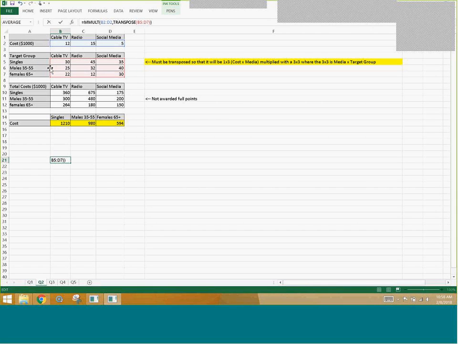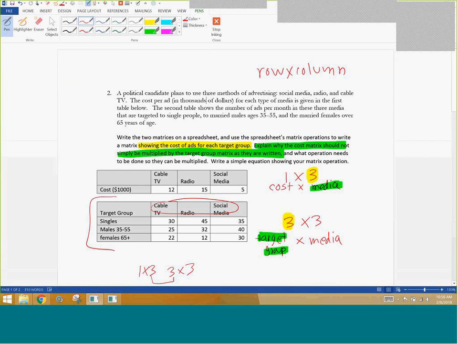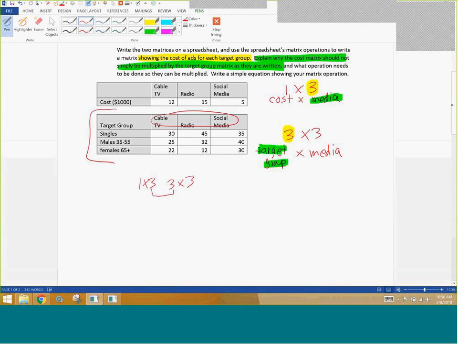That means it's going to flip-flop the rows and columns. I'm going to flip back to this screen. We'll still have 1 by 3 multiplied with 3 by 3, but it will be a cost by media, because I'm not flipping the first one, but because I'm transposing the 3 by 3, it's going to be multiplied by a media by group.